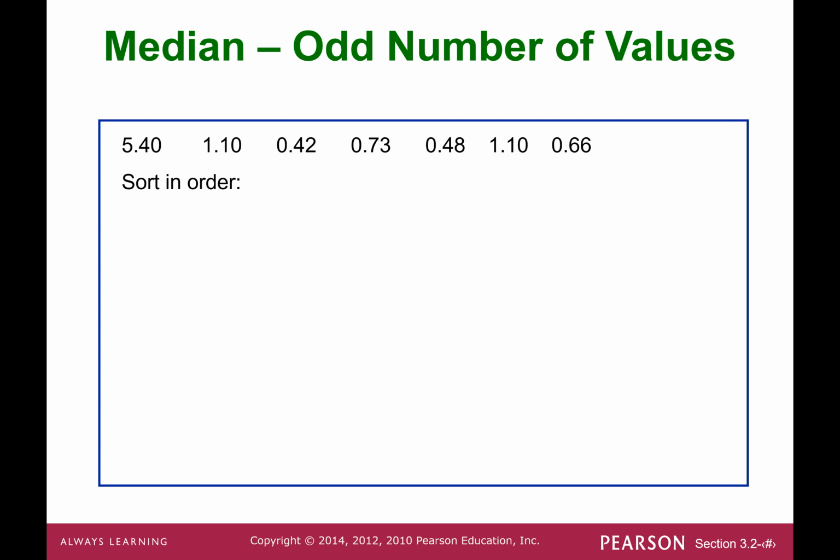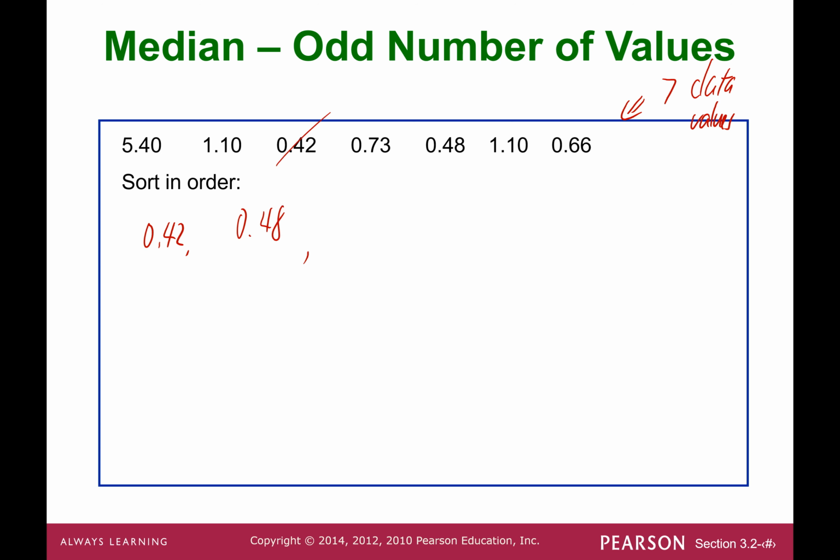Okay. Now let's take a look at an example. Let's take a look at this data set. We have 7 data values, right? So 7 is an odd number. First step, you put them into increasing order. Start with the smallest value, 0.42. Then move on to the next value, 0.48.